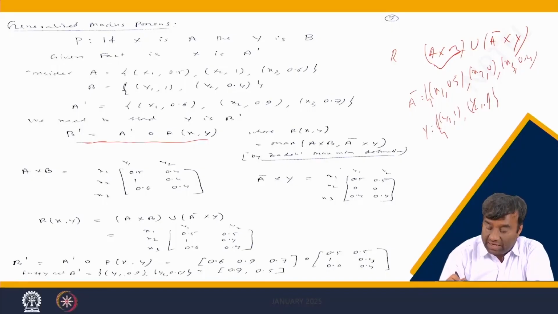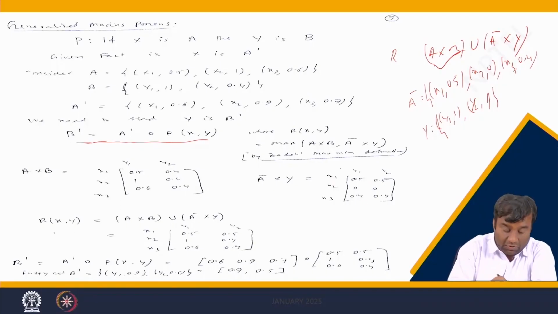Now try to find A complement cross y. That is x1 0.5, 0.5, x2 0, 0, x3 0.4, 0.4. Now you take Rxy, which is the maximum of these two: 0.5, 0.5, 1, 0.5, 0.4, 0.6, 0.4.